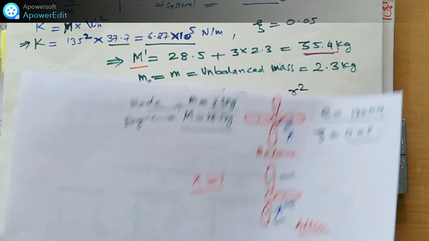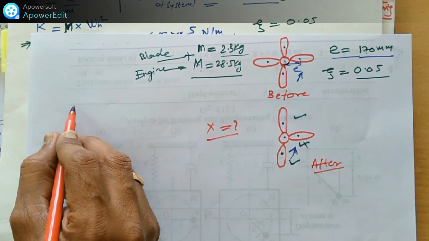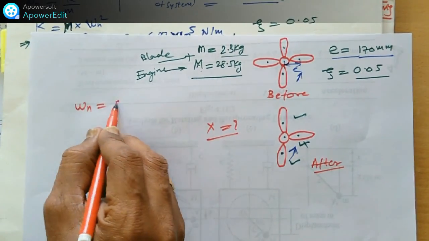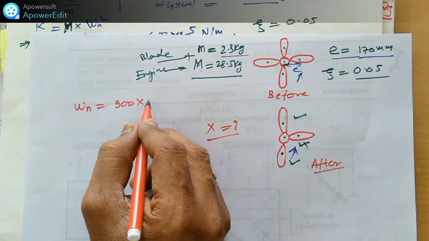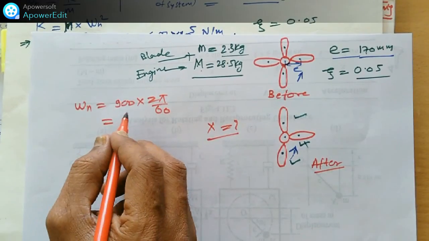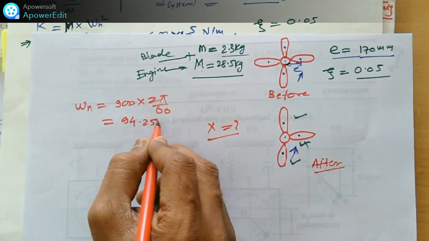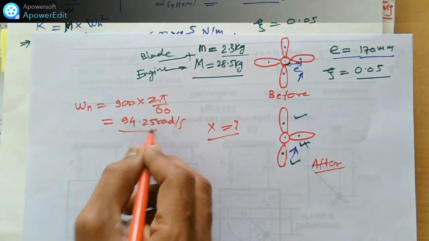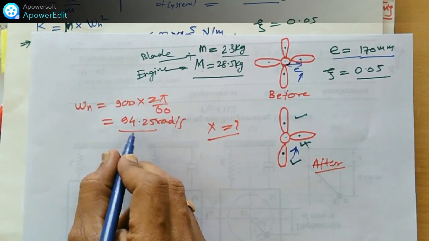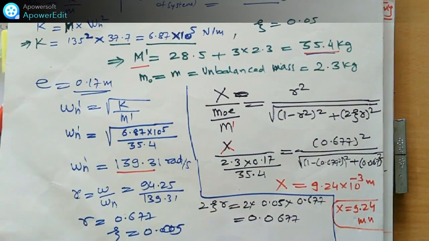So for 900 rpm, multiply by 2 pi by 60, and we get 94.25 radian per second. What is the comparison between these two? 139 is greater than 94.